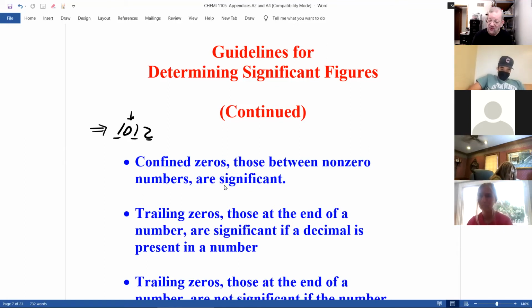It's between 2 non-zero numbers, and therefore it's significant. Therefore, this has 4 significant figures. Remember, zeros at the front are never significant. All non-zero numbers are, and zeros that are confined in between non-zero numbers are significant.